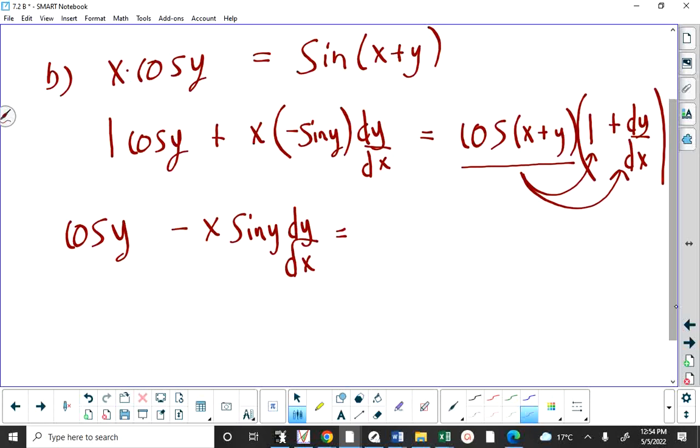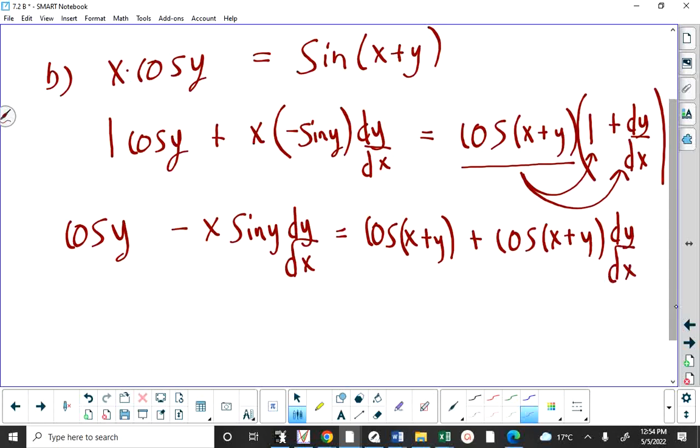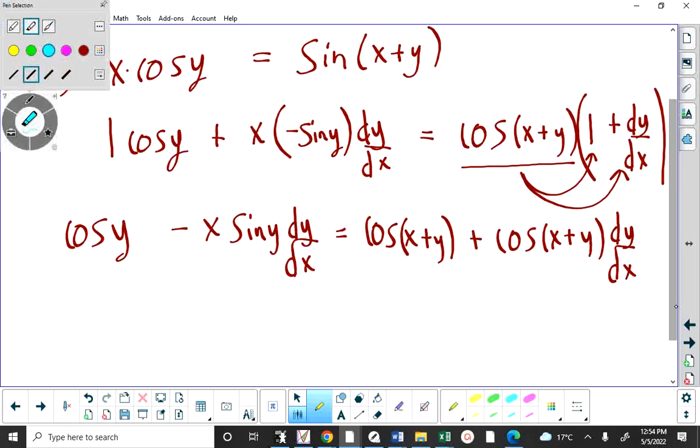So I'm going to have cosine of x plus y, and then plus cosine of x plus y dy dx. And now I can identify the terms that I need to move to one side, so that I can factor out the dy dx, so I could then solve for dy dx.